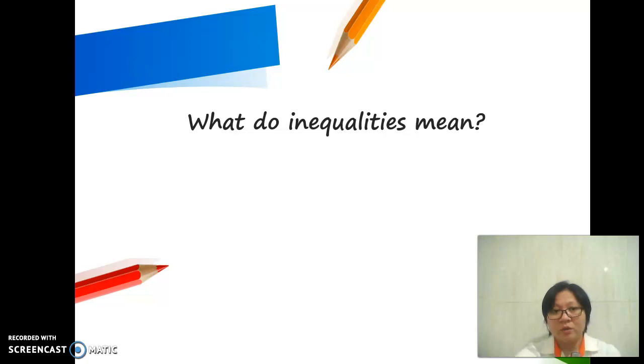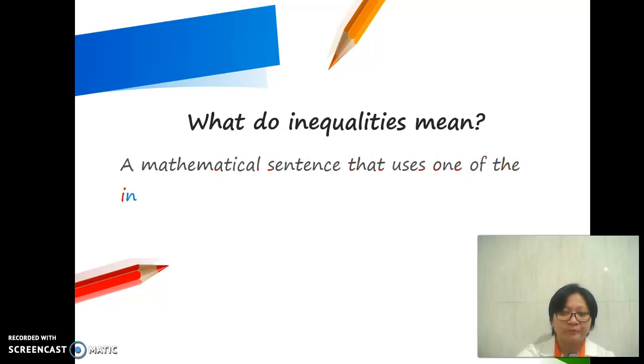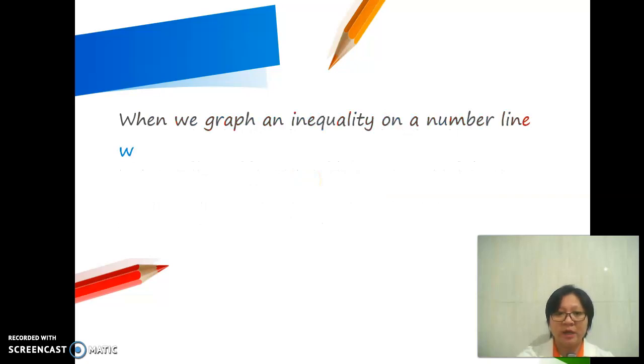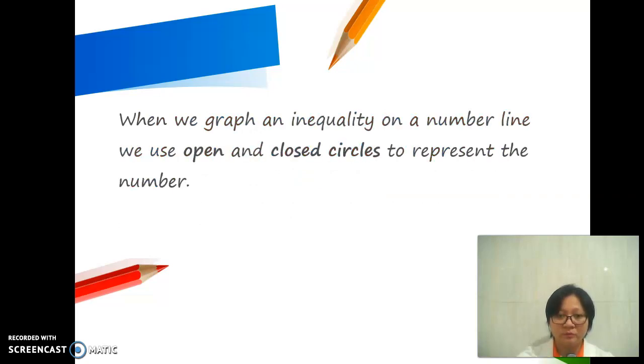Now, let's review what inequalities mean. As you can see, an inequality is a mathematical sentence that uses one of the inequality symbols to state the relationship between two quantities. And not only are we going to represent the inequality using a mathematical sentence, we are going to use a number line to represent the inequality symbols.